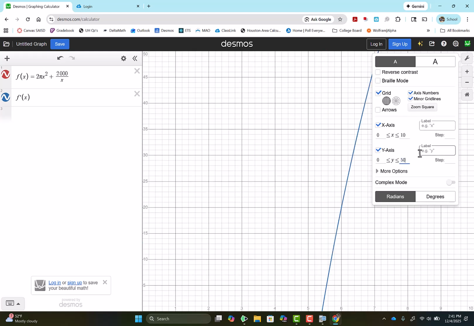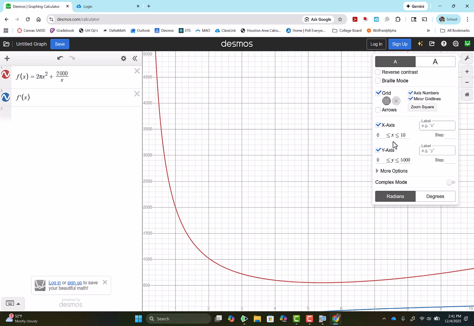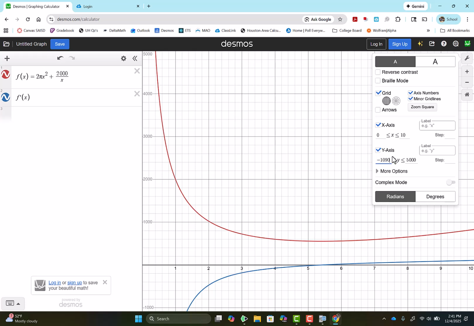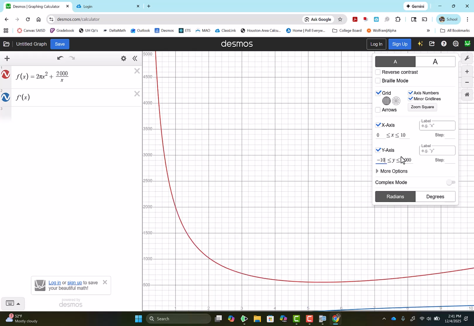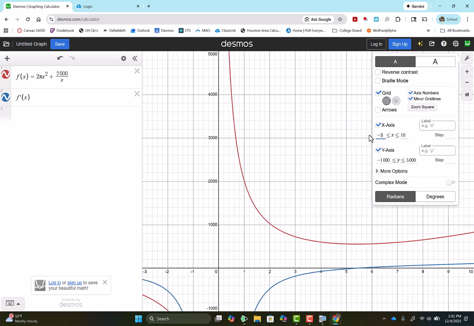Here we go. You know what? I want to see a little bit below the x-axis. Negative 1,000. And I'm going to go a little bit to the left, negative 3. Don't pay attention to these curves to the left of the y-axis, because remember, we're talking about the radius.